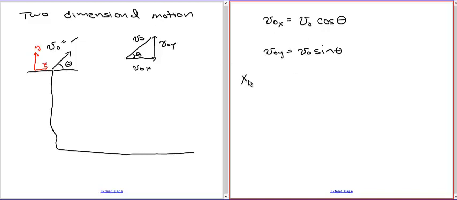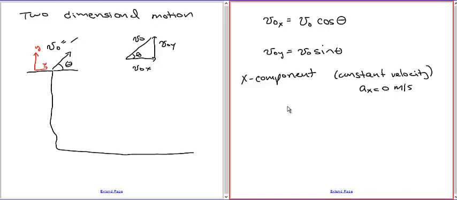For the x component, it is a constant velocity situation, which means the x direction acceleration is 0 meters per second squared.